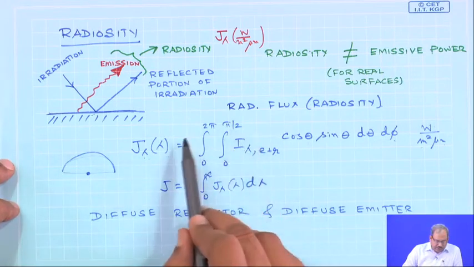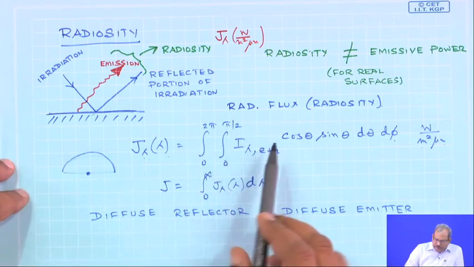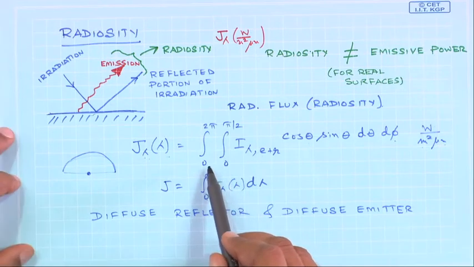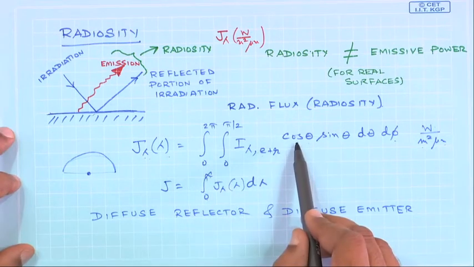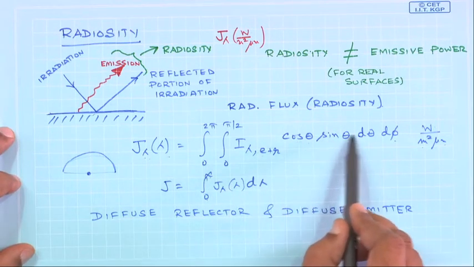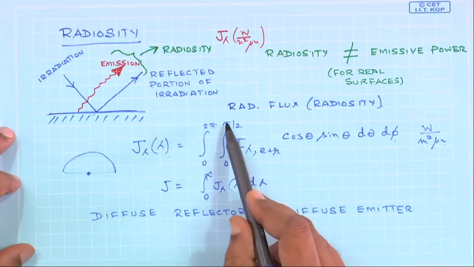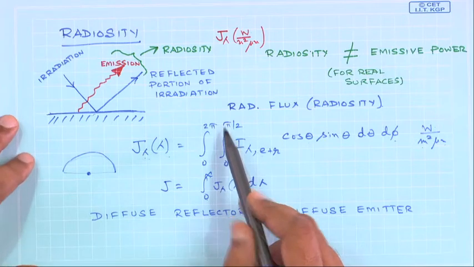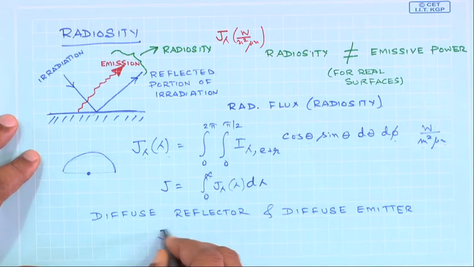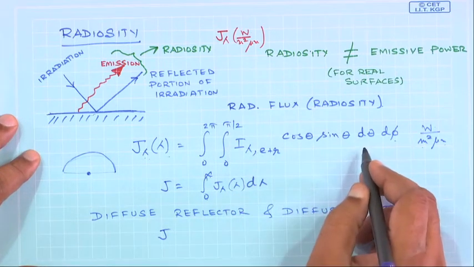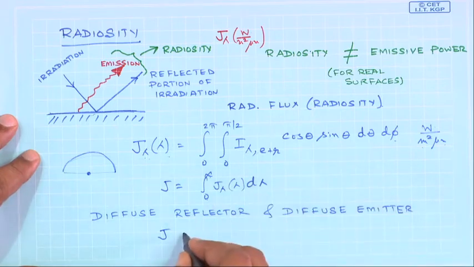So, this can be taken outside of the integration sign, and the integration can be performed for cos theta, sin theta, d theta, d phi between the limits 0 to 2 pi and 0 to pi by 2. We have seen before that the result for that would be equal to pi.